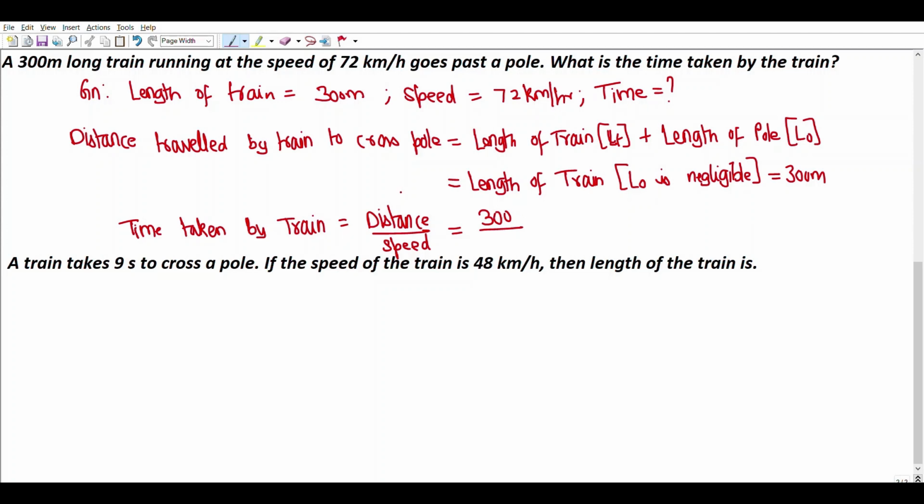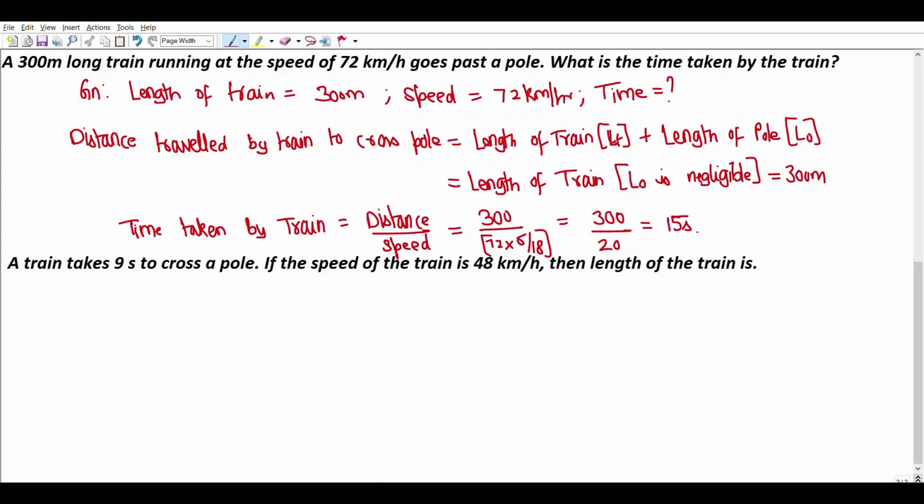So we know that when we convert speed from kilometer per hour into meter per second, we have to multiply it by 5 by 18. Therefore, in the denominator, 72 into 5 by 18, which in turn will get cancelled and give us 300 divided by 20, which is equal to 15 seconds. Therefore, the train takes 15 seconds to cross a pole, and the length of the train is 300 meter and the speed of the train is 72 km per hour.